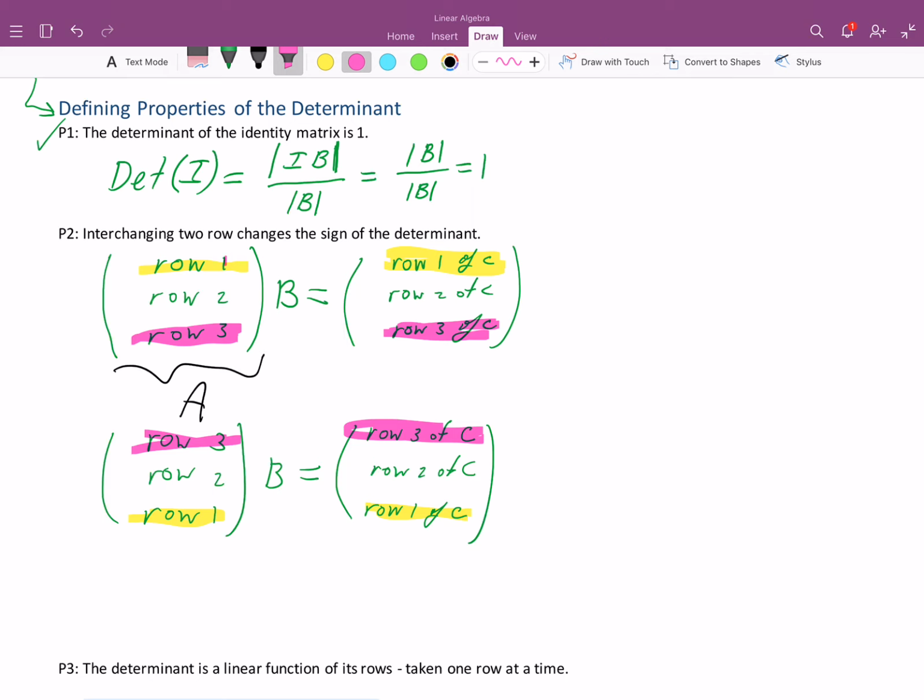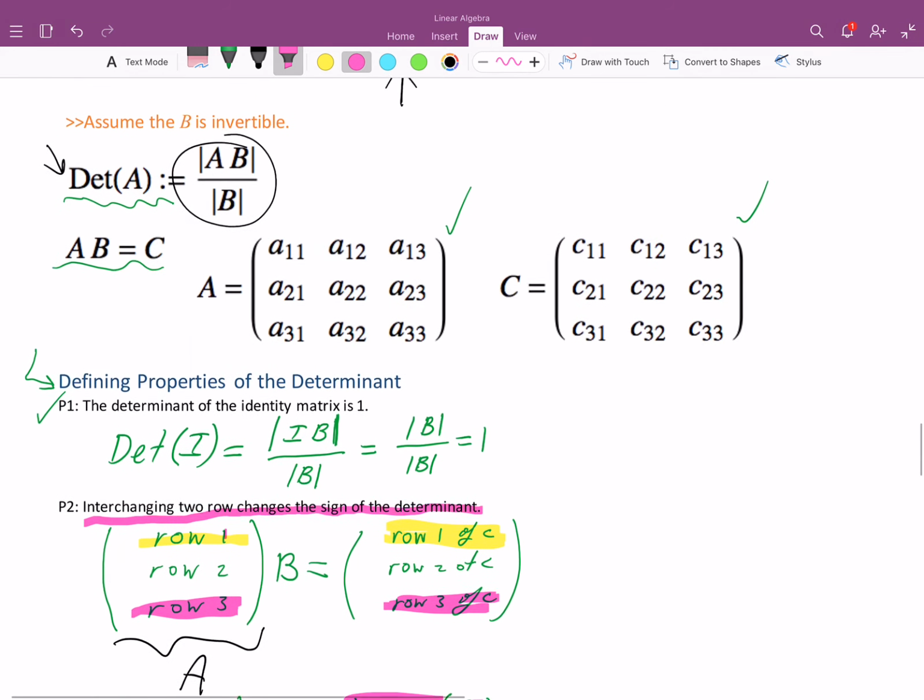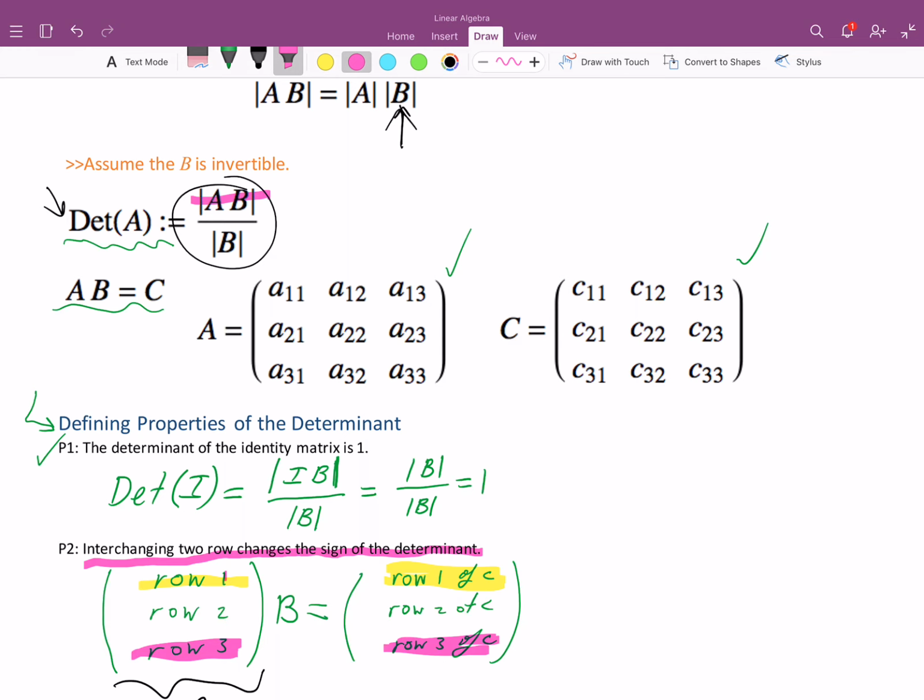So why is this necessary? Well, it's very easy to see that the determinant of the product will change sign when we interchange two rows of A, because it would change the sign of this numerator.